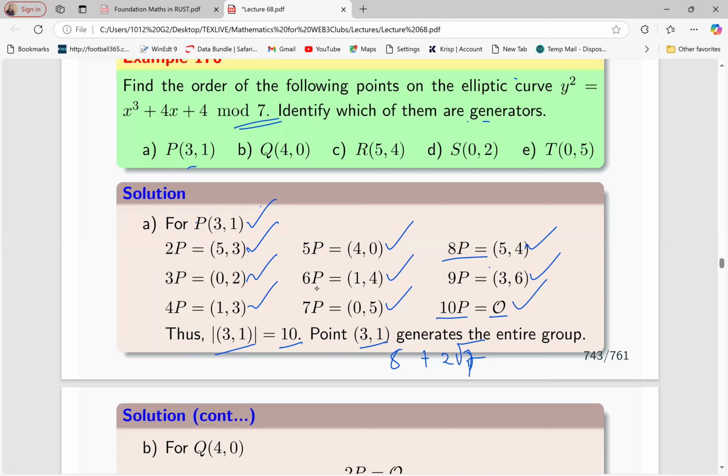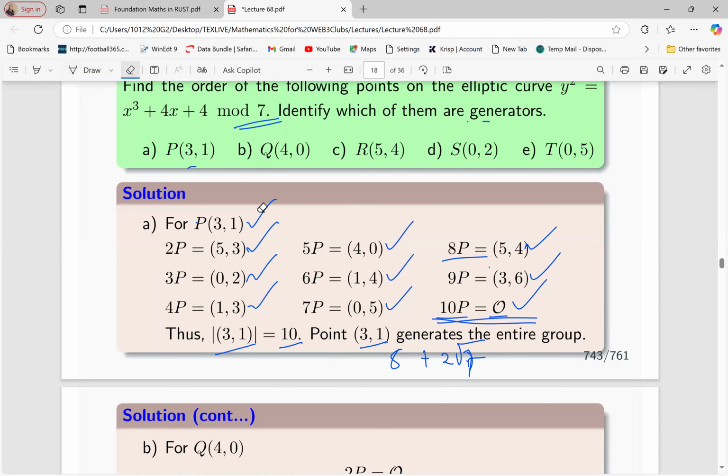And when I add it to 8, I get 13. So at most, if it was to deviate, the most number of points it could have is 13. But we've of course found that it has 10. It never reached there. So this point has generated all the points on the elliptic curve. This elliptic curve has only 10 points.